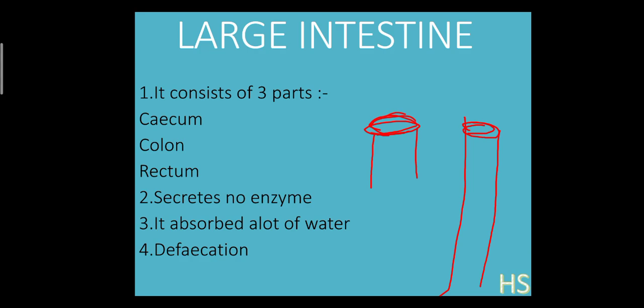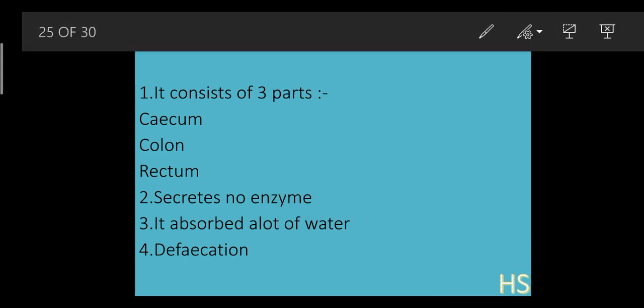It consists of three parts, that is the cecum, colon, rectum. See, mostly the enzymes work in the small intestine only, but as we move into the large intestine, there are no enzymes which get secreted.